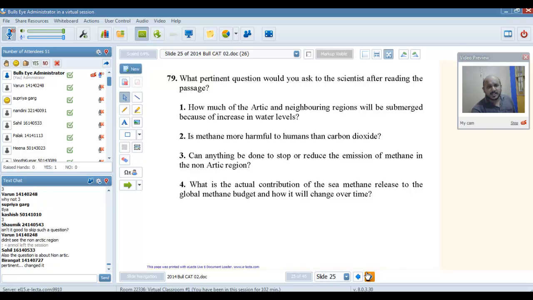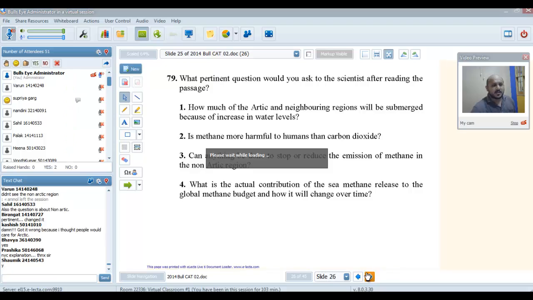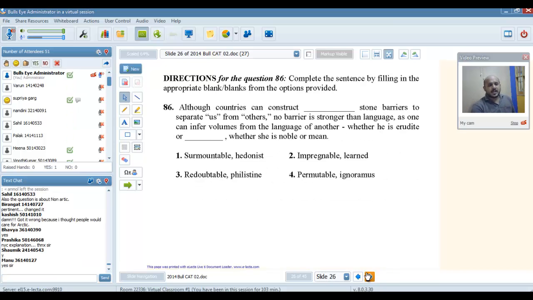So that is what happens in this particular case. Fair enough. Should I shift to the next question? Great. Guys, question number 86. 10 seconds to solve the fill in the blank question. 10 seconds only.